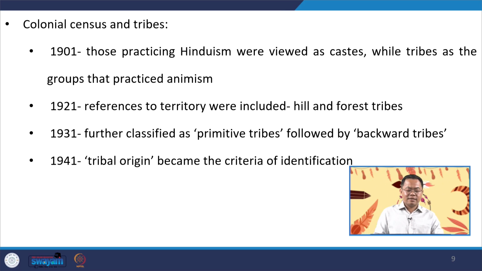Now, in the 1931 census, the communities primarily identified as primitive or backward were the ones categorized as tribal or scheduled tribes in the colonial census. This understanding of primitive and backward continues to be one of the most important yardsticks when it comes to categorizing and identifying a community as a tribe.